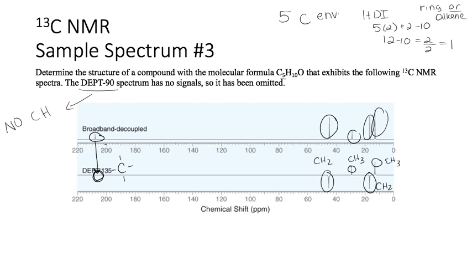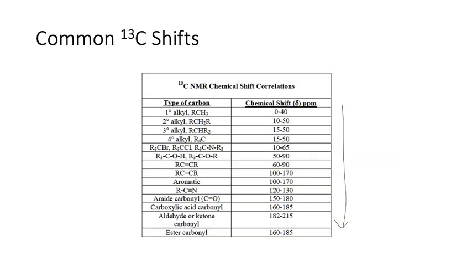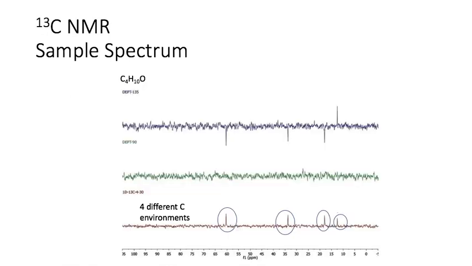If I check my parts per million, I'm looking between 200 and 220 to see what would be shifted that far downfield. If I look here, something between 200 and 220, the only thing that shows up is some type of carbonyl, whether it's an aldehyde or ketone, we can figure that out. Let me get back down to the right one.